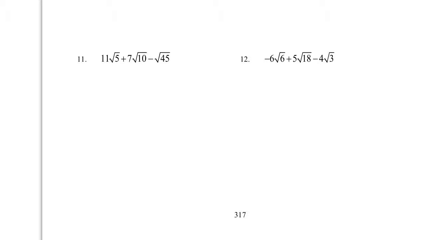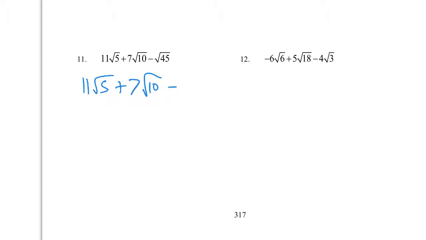So 11 root 5, that's already simplified because root 5 can't break down anymore. 7 root 10, the mistake people are going to make is to say, oh, it's 5 times 2. But 5 and 2 are not perfect squares, so I don't want to break 10 down that way. In fact, 4 doesn't go into 10, 9 doesn't go into 10, so there's no perfect squares that go into 10. So we just have to leave it.